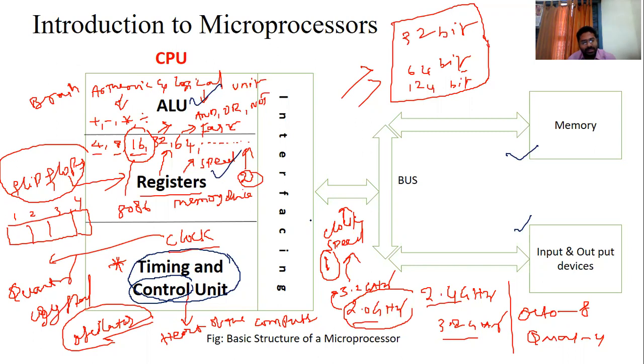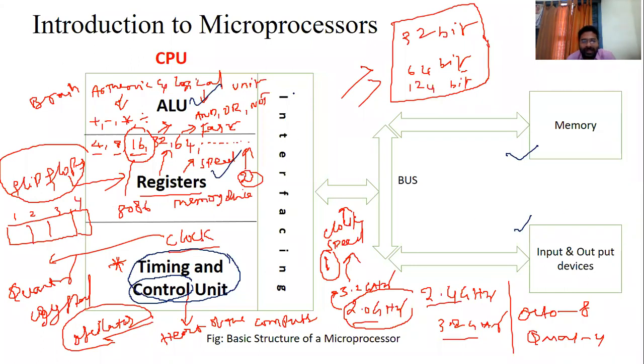Whenever you send signals to each and every device, it needs connections. So that's why this timing and control unit is connected to each and every part of the CPU, and at the same time the outer world as well.